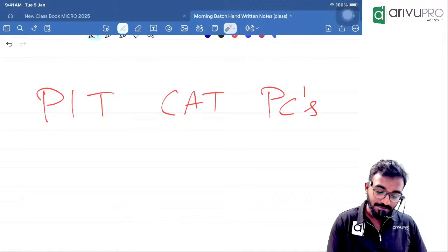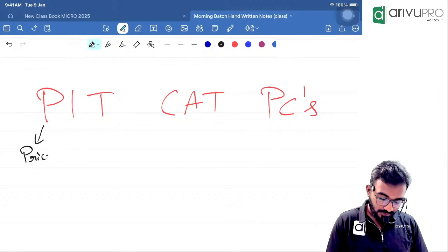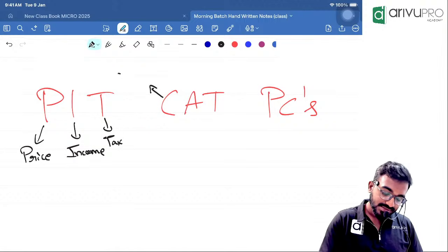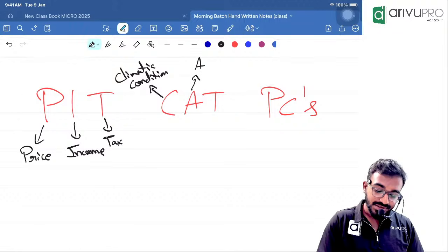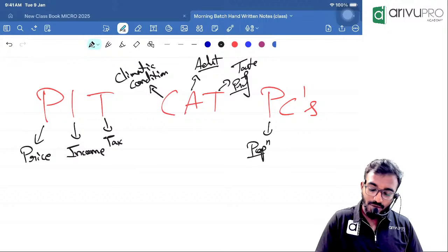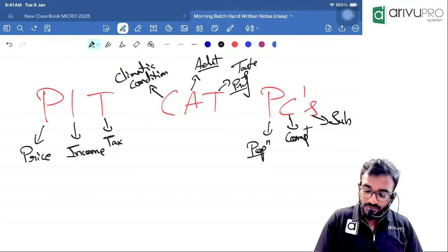You can also write this here. P stands for price, I for income, T for tax, C for climatic condition, A for advertisement, T for taste and preferences, P for population, C for complementary, S for substitute.